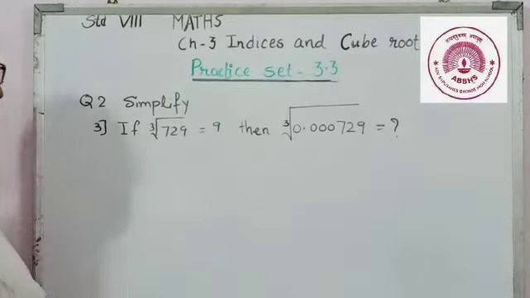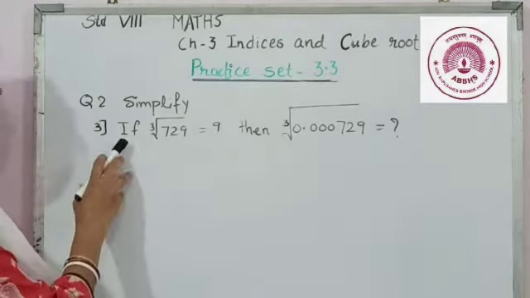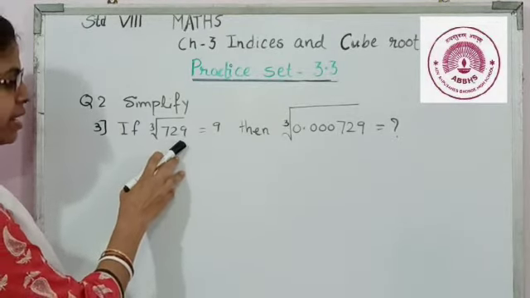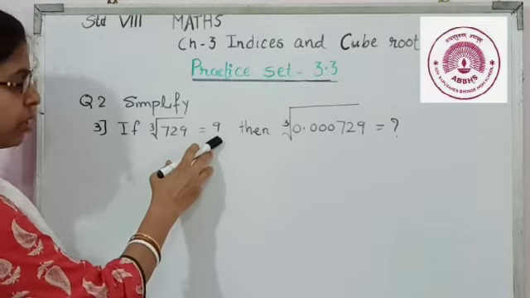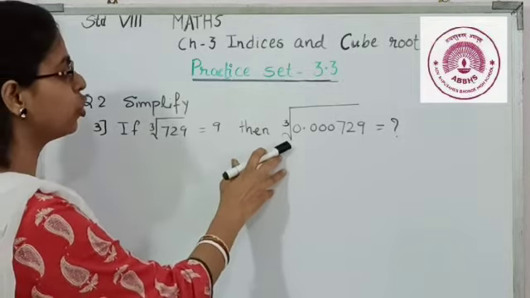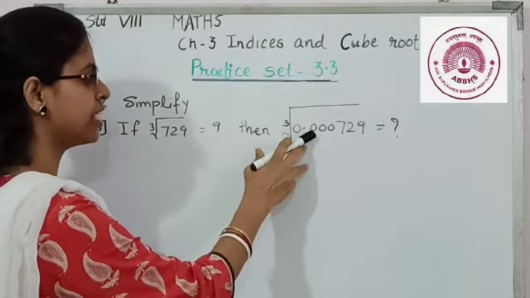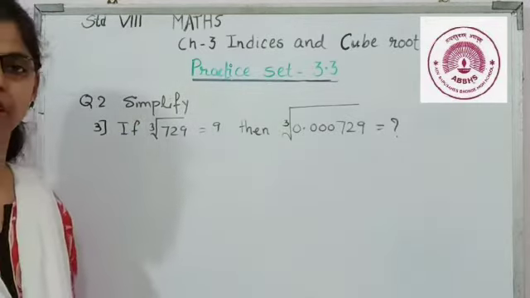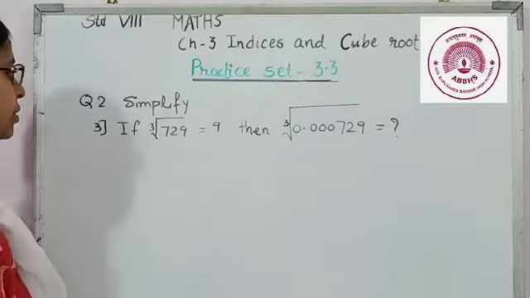Now let's see question number 3. The question is, if cube root of 729 is equal to 9, then find cube root of 0.000729. So we have to find its value. Let's start.